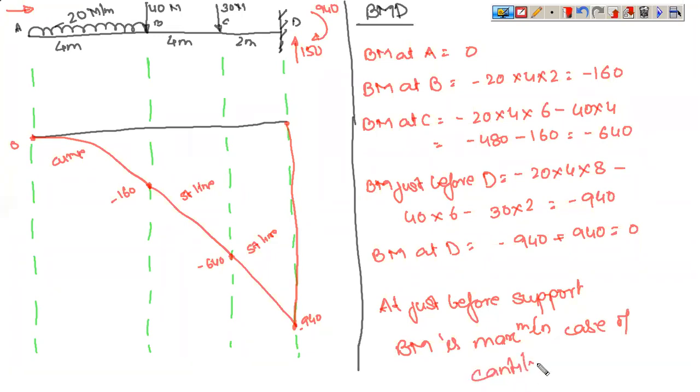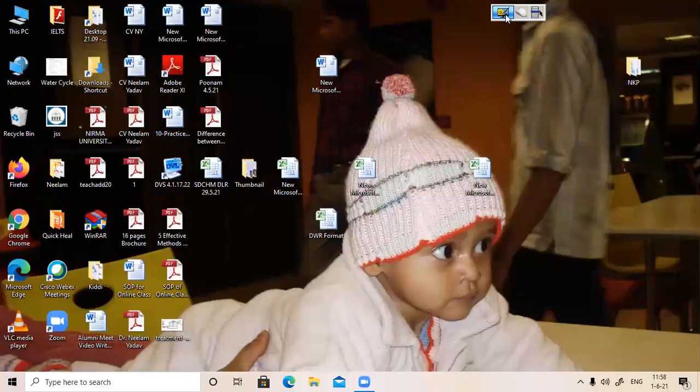In case of a cantilever beam, you can remember this as the just before condition. This is your bending moment maximum. This is fixed and it will always occur at a location just before the support. So this is about the shear force and bending moment diagrams of cantilevers.